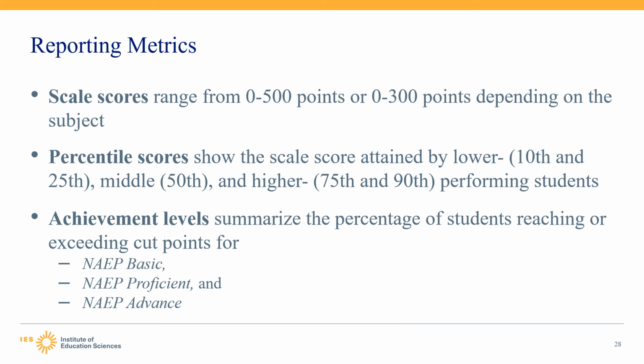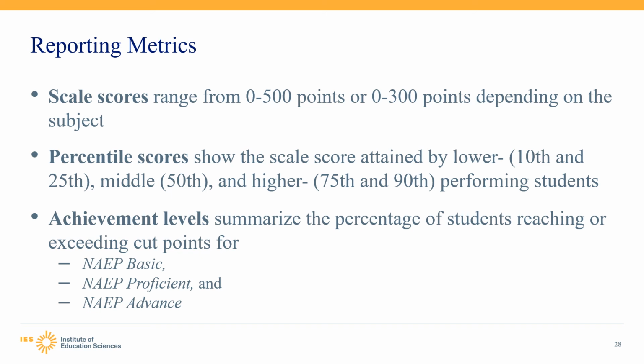There are 3 achievement levels for NAEP. They are NAEP Basic, which denotes partial mastery of prerequisite knowledge and skills that are fundamental for proficient work at each grade. NAEP Proficient is solid academic performance for each grade assessed.